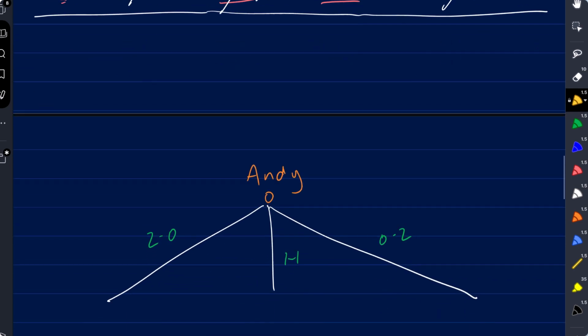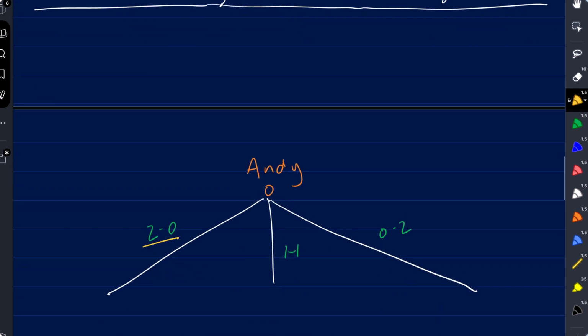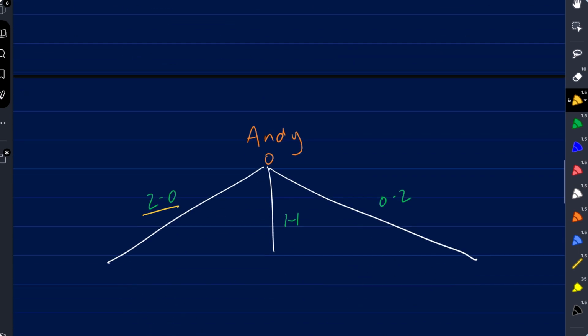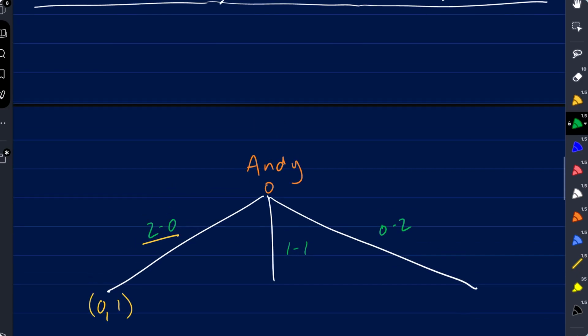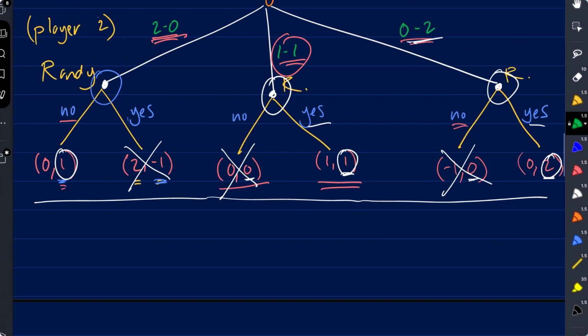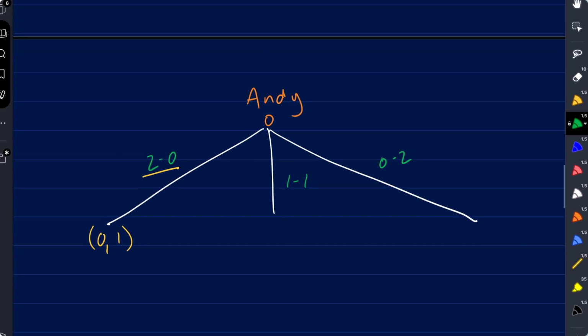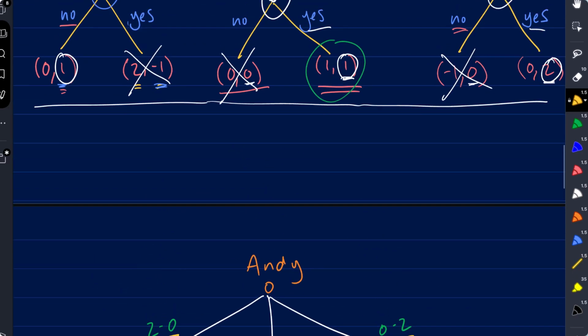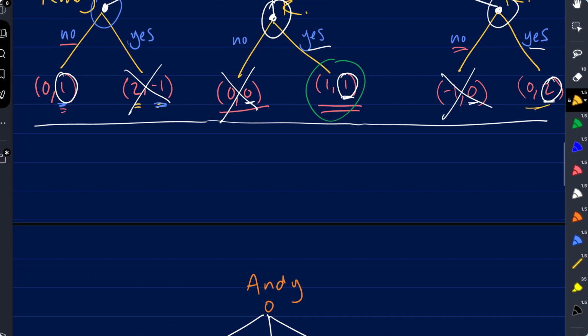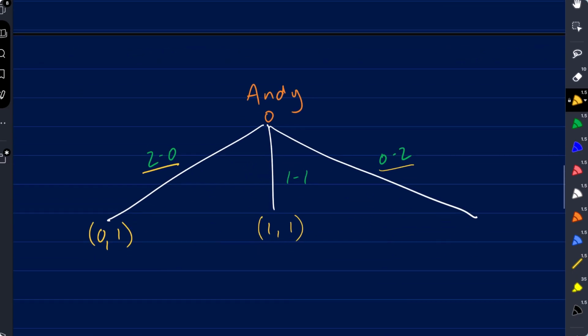So if Andy plays 2-0, then the payoffs are going to be 0-1. If Andy plays 1-1, then the payoffs will be 1-1. And if Andy plays 0-2, then the payoffs will be 0-2.